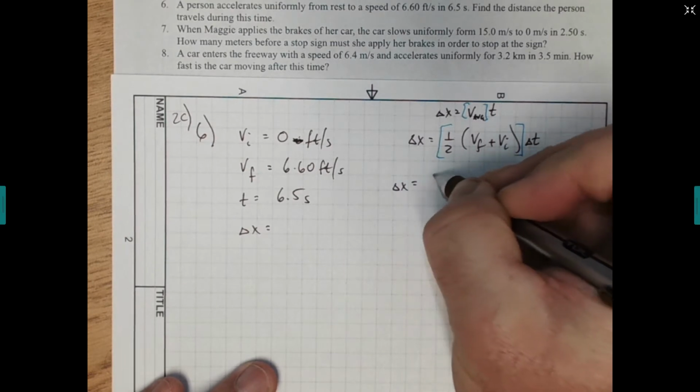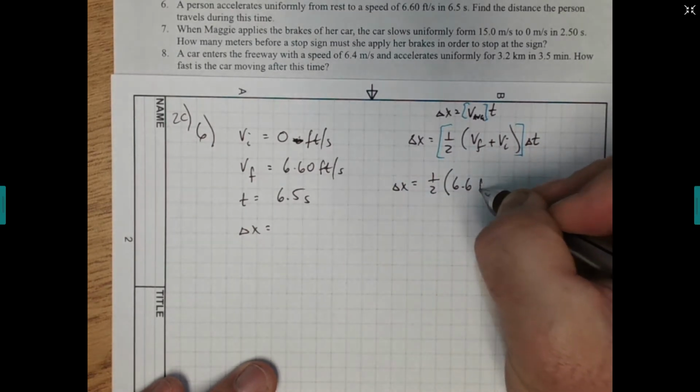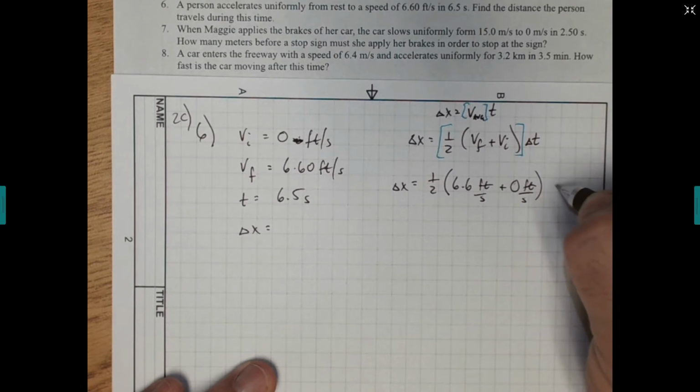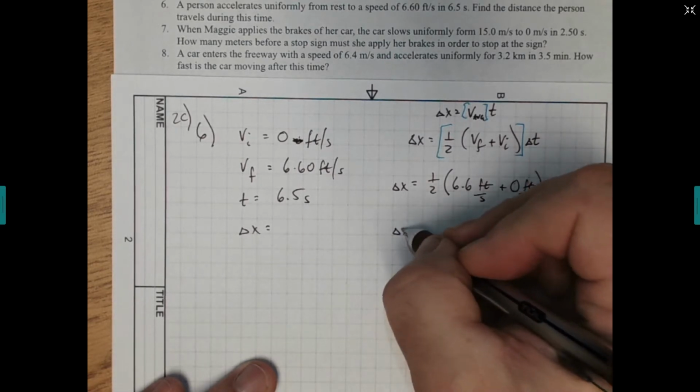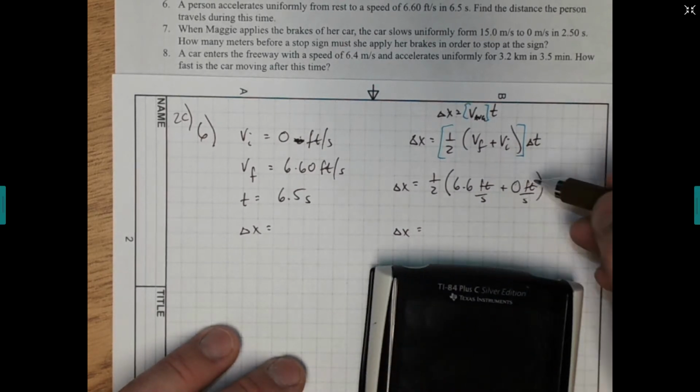So delta x is equal to 1/2 times VF, which is 6.6 feet per second, plus 0 feet per second. We really could have just left that out. And then times a time of 6.5 seconds. Now we just need our calculator to do the hard work for us. 6.6 plus 0 is not hard.